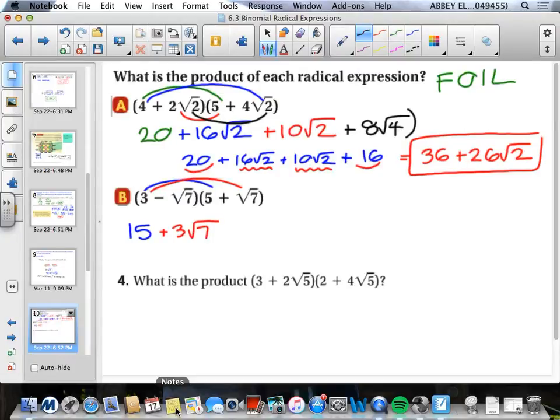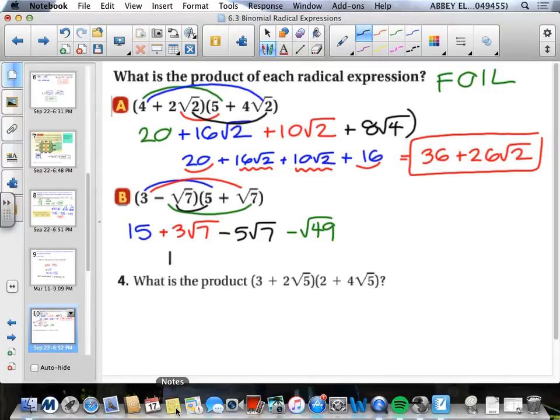My inside here is the negative square root of 7 times 5, which gives me negative 5 square roots of 7. And then my last here, the negative square root of 7 times positive square root of 7 gives me negative square root of 49. And I should be able to simplify that down.